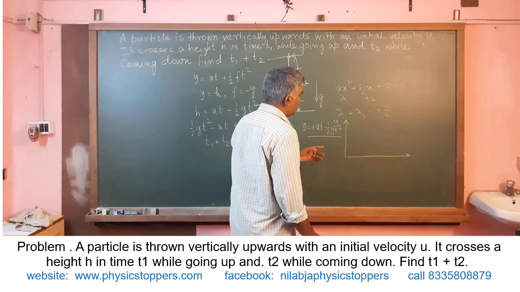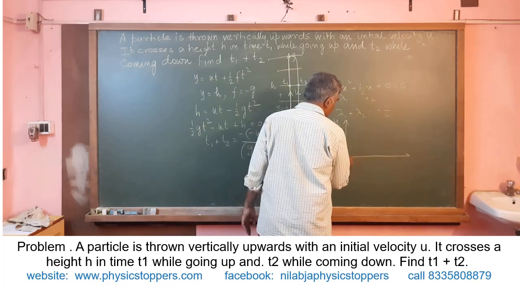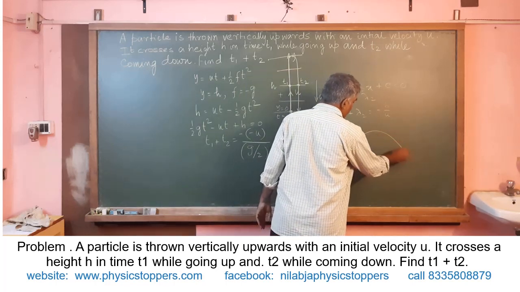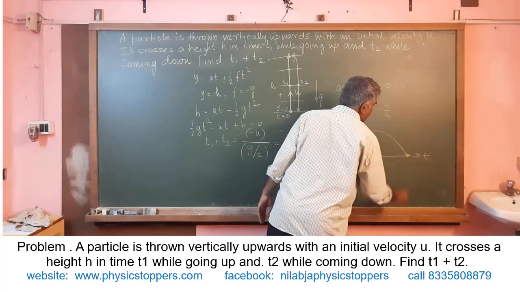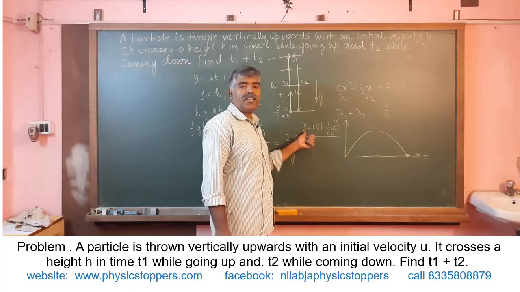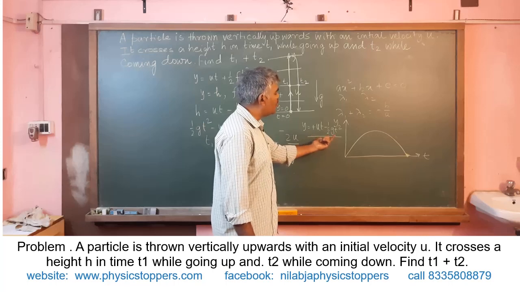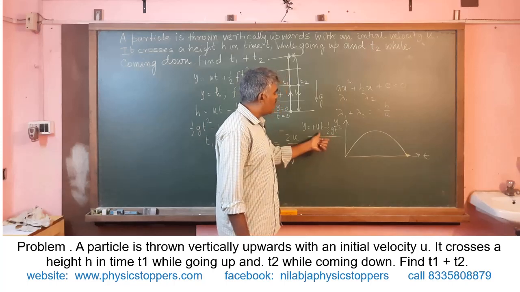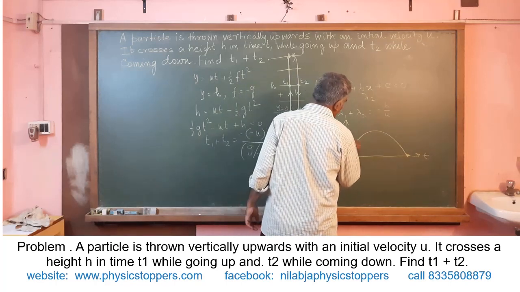This is the equation of a parabola, so the parabola looks like this, y versus t. Now if y is equal to h, we get the sum of roots as 2u over g.